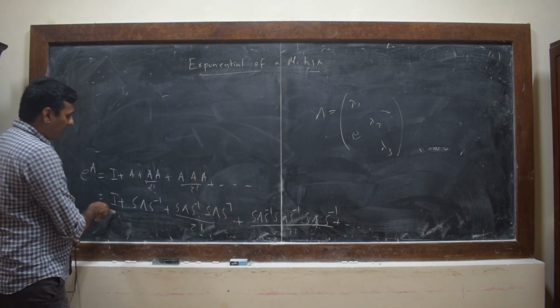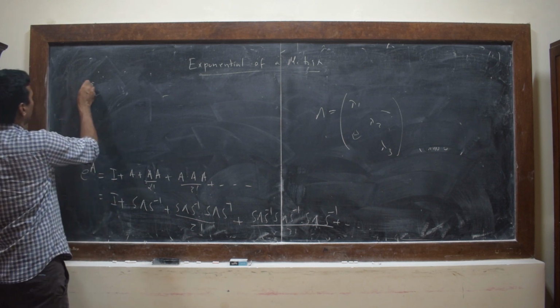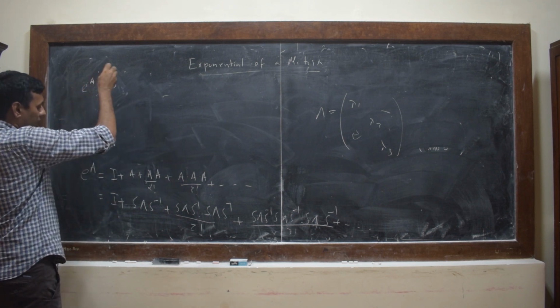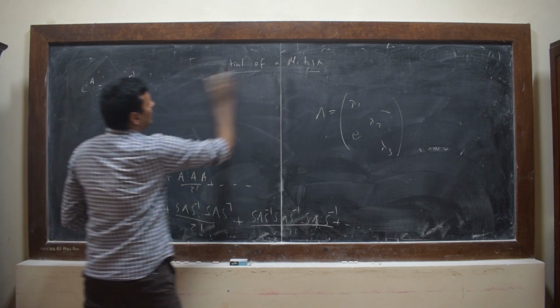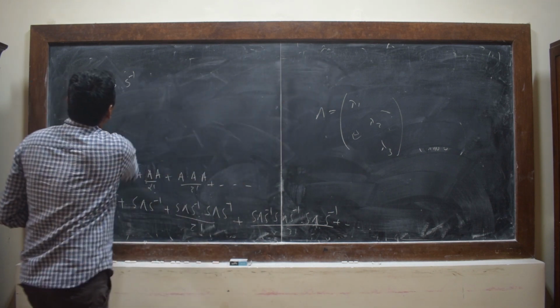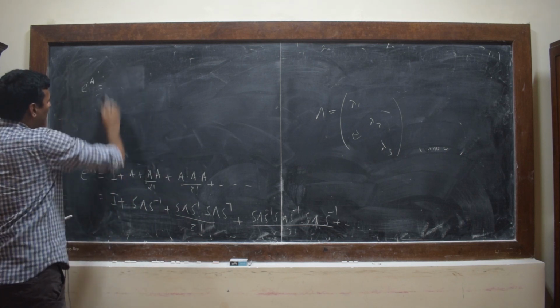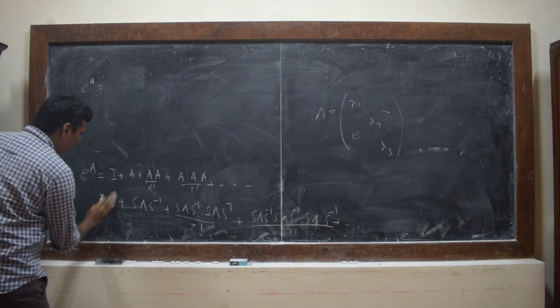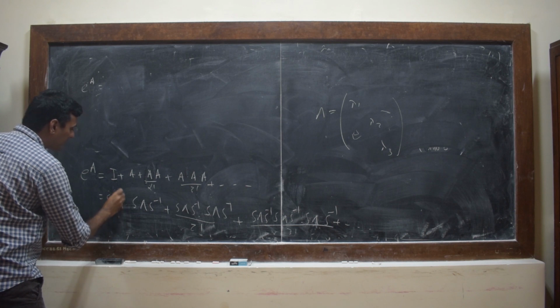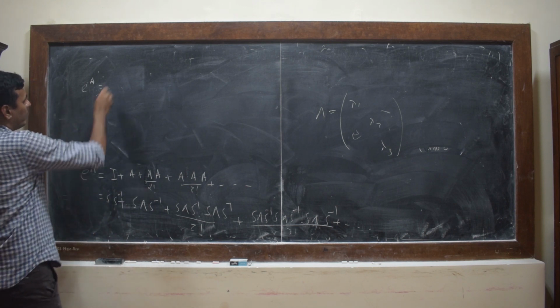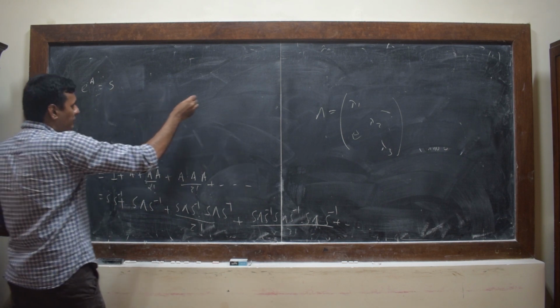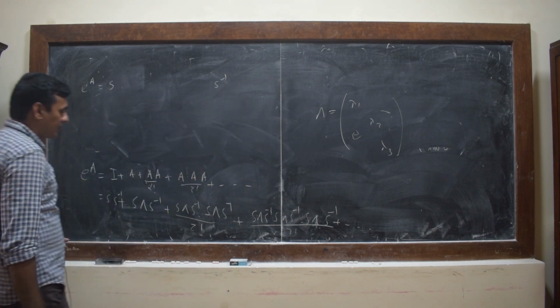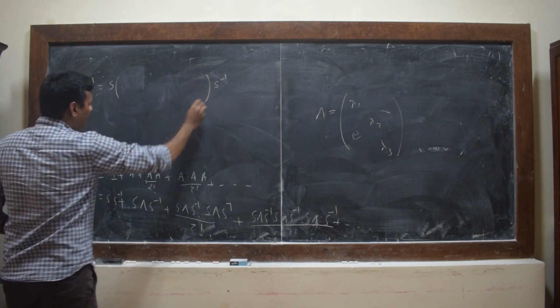Similarly, I can write identity as S S inverse. So I will take S out from the left hand side and S inverse from the right. So what will you get?